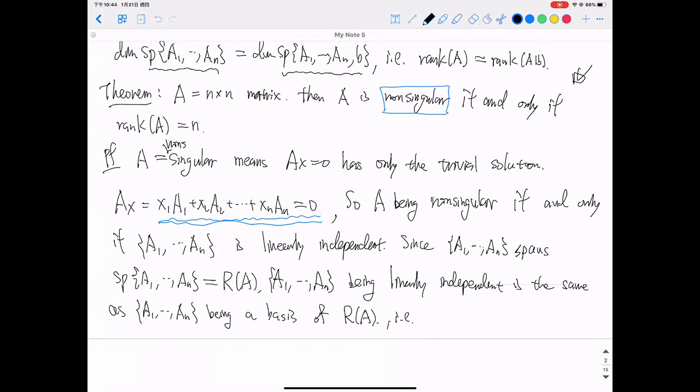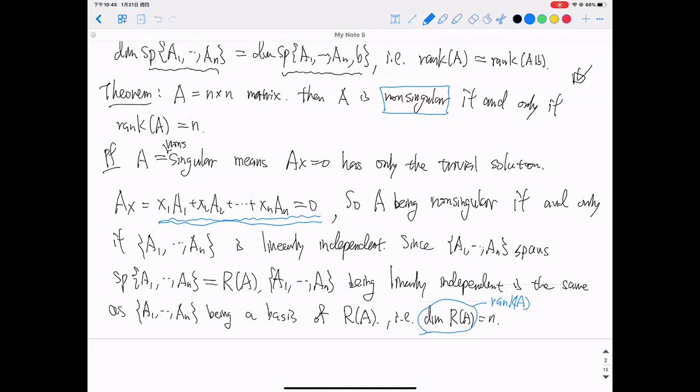Having A1 through AN be a basis means that the dimension of the range of A is N. And the dimension of the range of A is the rank. This is the rank of A.